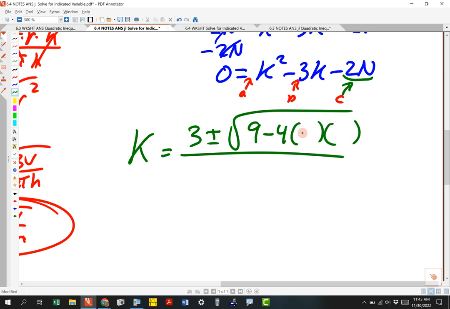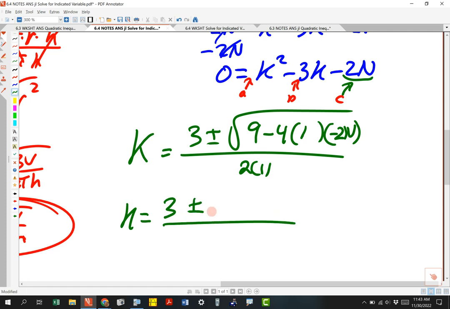So this is going to be a 1, because that's an a, and then this is negative 2n, and then on the bottom is 2 times 1. So if we start simplifying this, this is plus or minus 9, and a negative times a negative is a positive. So that's going to be plus 8n, and the bottom is a 2.